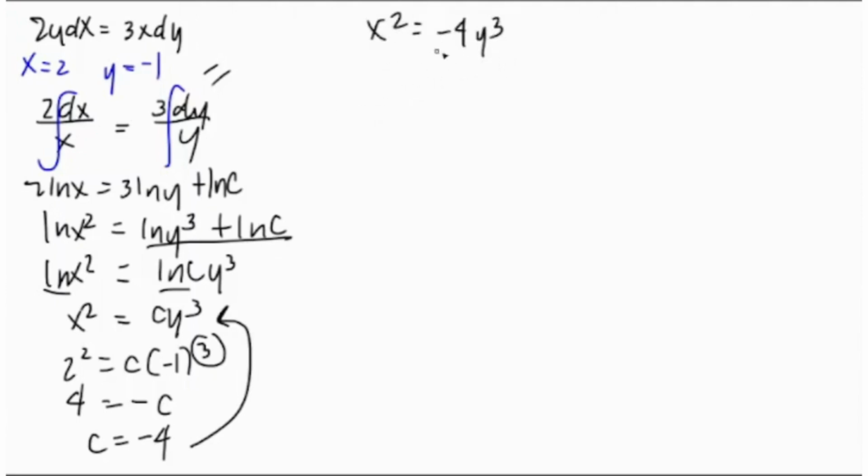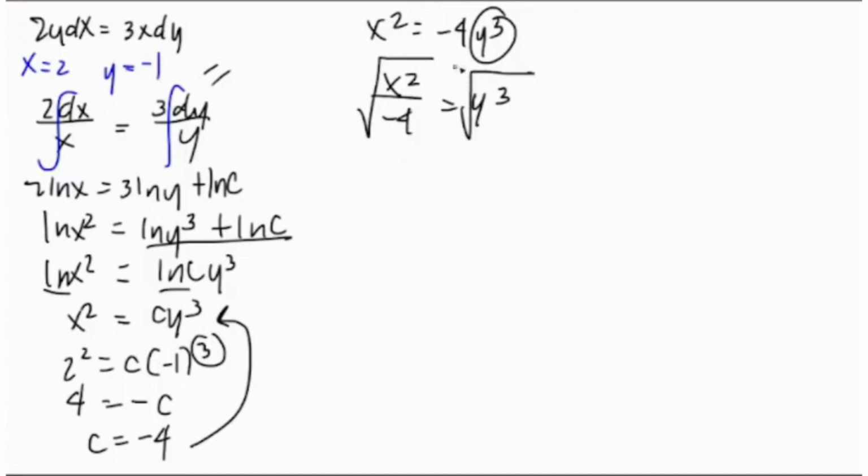Solve natin to in terms of y. So, magiging x squared plus 4 is equal to y cubed. Ay, mali, sorry. Magiging x squared all over negative 4 is equal to y cubed. So, ang gawin natin dyan, hindi, huwag na natin ilabas.